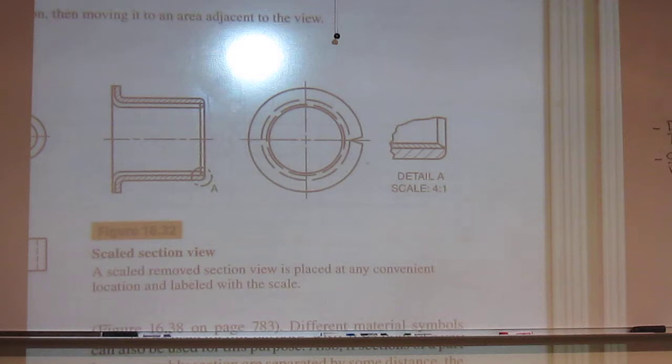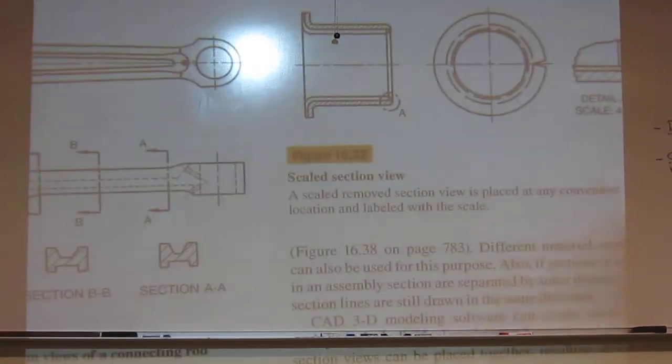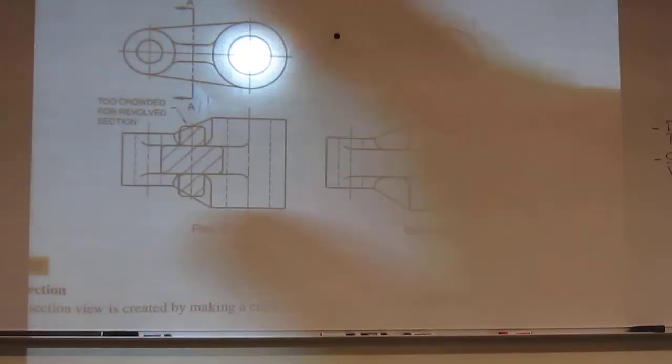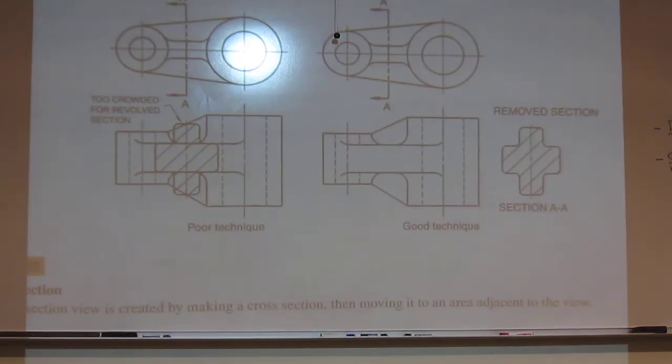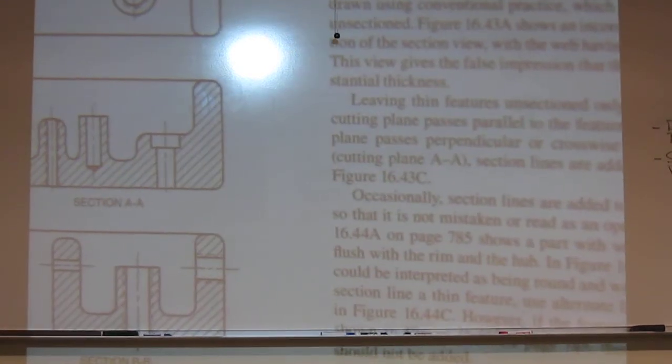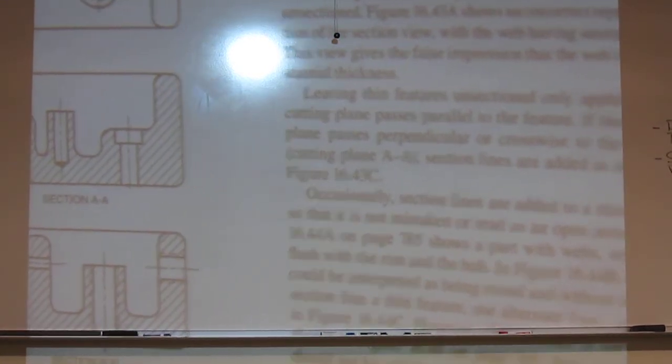Keep in mind, when we change that scale, we can get down and see screws, nails, bolts, these types of things at those scales. Any questions? I'm going to focus primarily on this portion for now, because that's what we're discussing. Any questions on those two sections, the removed and the revolved?